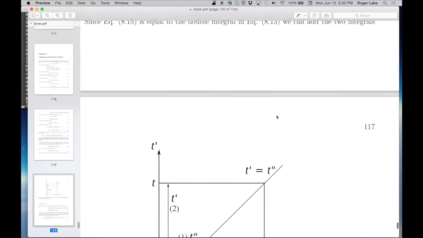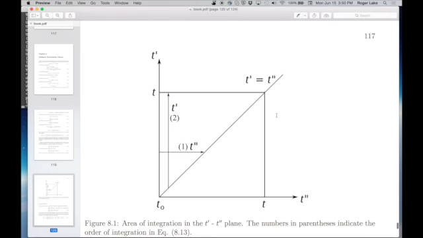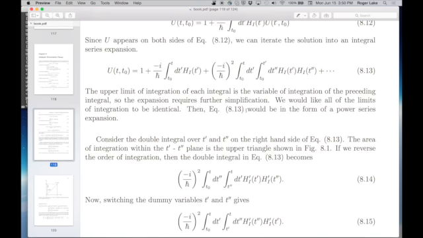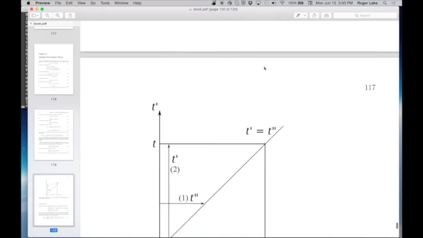So this is a region we're integrating in this t prime plane. This is t prime, which is the outer integral. T double prime is the inner integral. And so the lower limit for both is t0. Let's see if I can write on this. So we integrate the inner one, t double prime, from t0 to t prime.